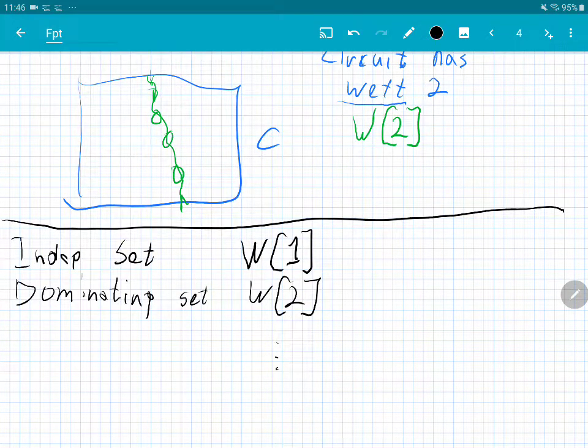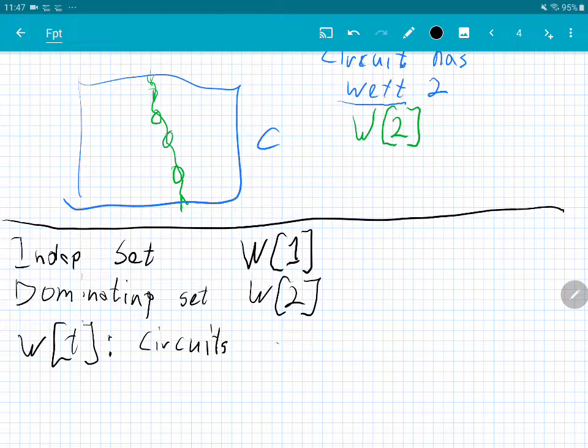And the intuition is that we can now define this class, right? So formally, WT is going to be circuits of weft T. Again, very important, and the book does not emphasize it, but it is important: constant depth, right?